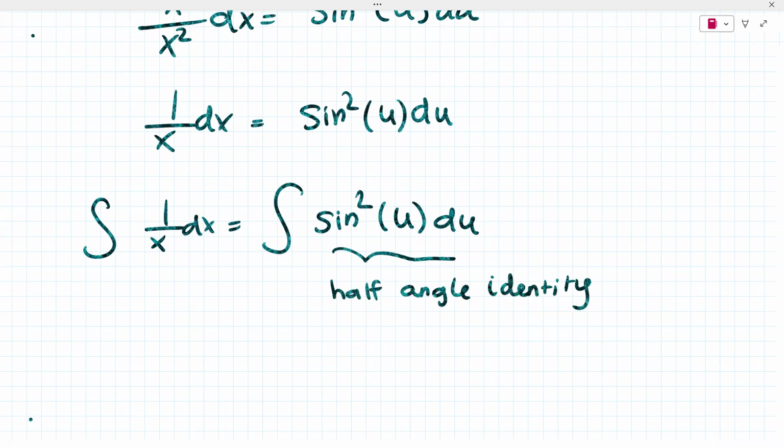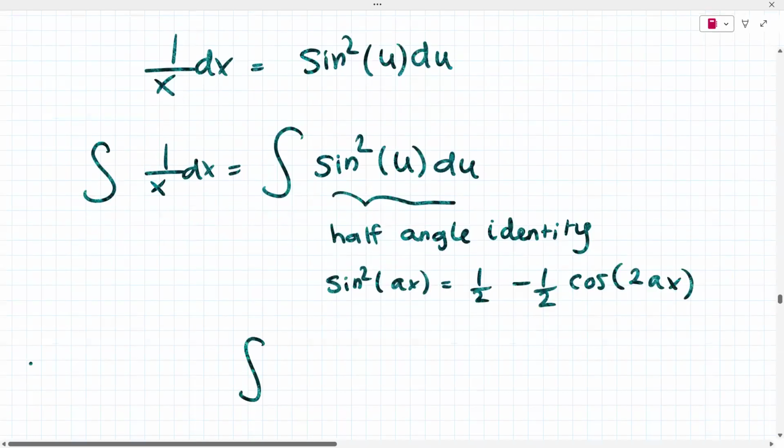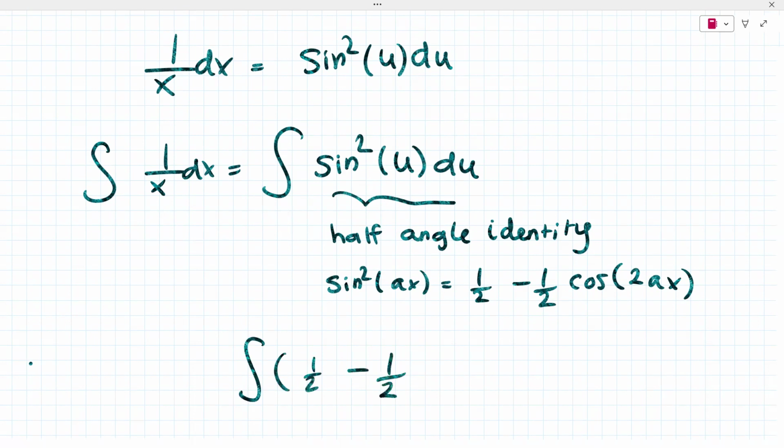So sine squared of u is the same thing as sine squared of ax equals 1/2 minus 1/2 cosine of 2ax, right? So you're basically taking the integration on the right of 1/2 minus 1/2 cosine of 2u du.